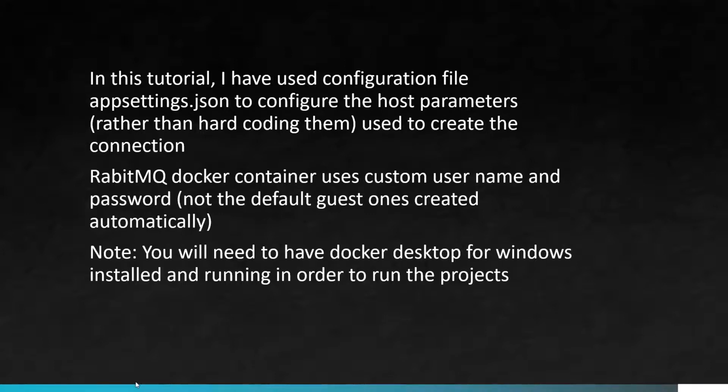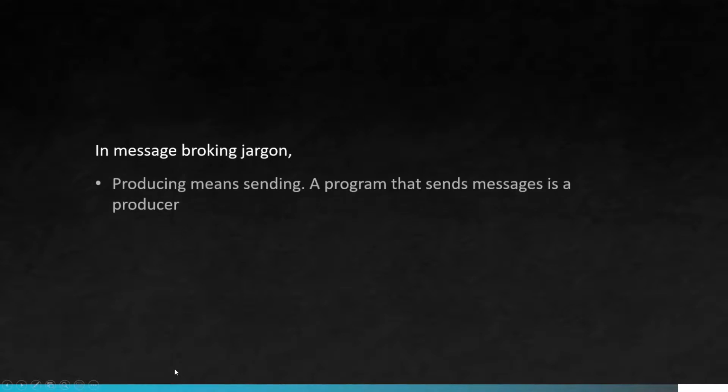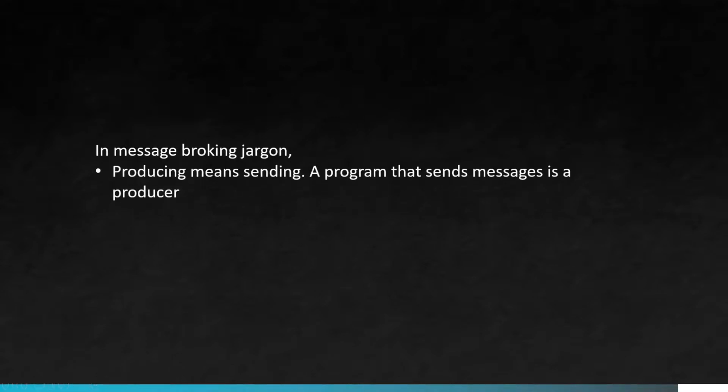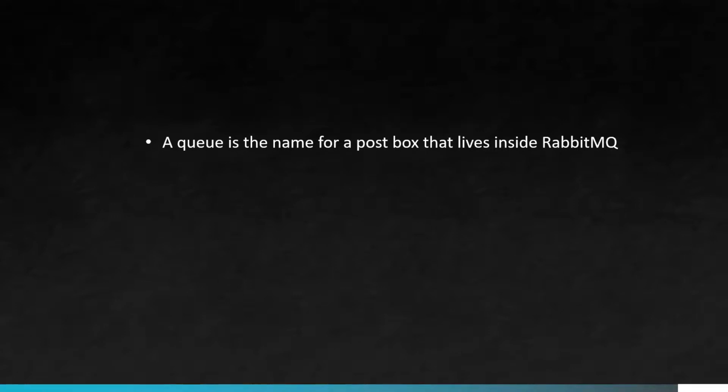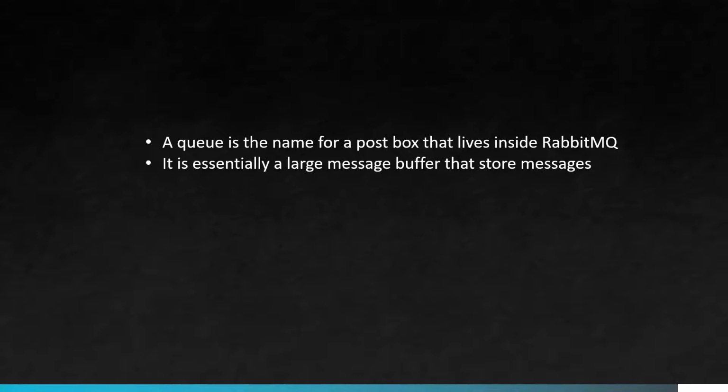So let's see what message broking jargon is. A producer means a sender, or producing means sending. It is a program that sends messages. You can call this a P. A queue is the name for a post box that lives inside RabbitMQ, and it is essentially a large message buffer that stores messages.